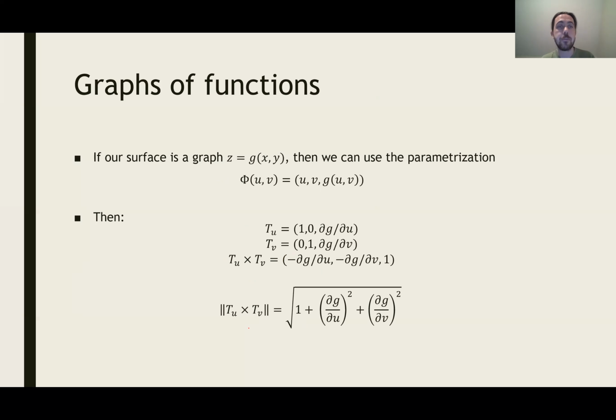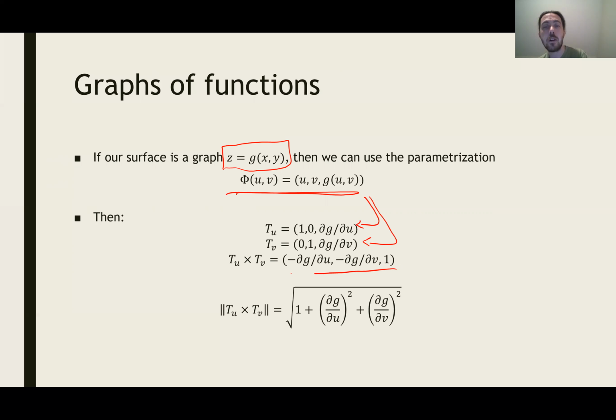If we've got the graph of a function, the graph of a function is another special case that's extremely handy. So if we've got a graph like this, z is equal to g of x,y, where g is some function of two variables, then we can use this particular parameterization where we solve for one variable in terms of the other two. And then the calculations of the tangent vectors, t_u and t_v, are pretty straightforward because the derivatives of our first two functions, u and v, are pretty simple.